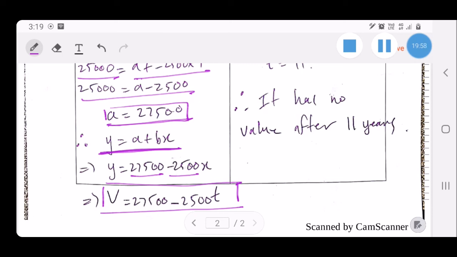So we need to remember that if we're working with y's and x's to avoid confusion, at the last moment we need to switch them out for the actual variables in the question. Okay, so that's the relationship between the value of a car and the amount of time that has gone past in years.